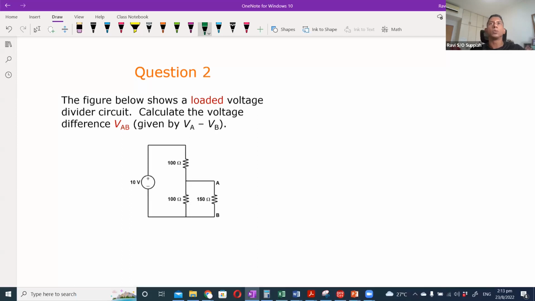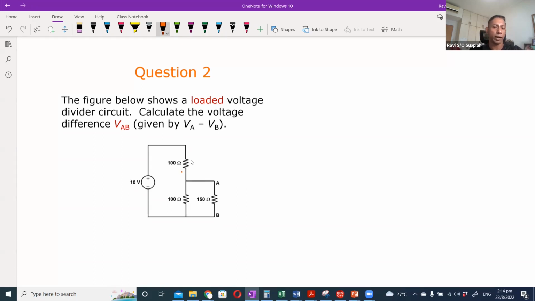Okay, question 2 is to find the voltage across AB. The first thing is when you see the circuit, we can simplify it. We know that 100 and 150 ohms are parallel, correct? If you're still confused, always look at whether there is a branch in the current.